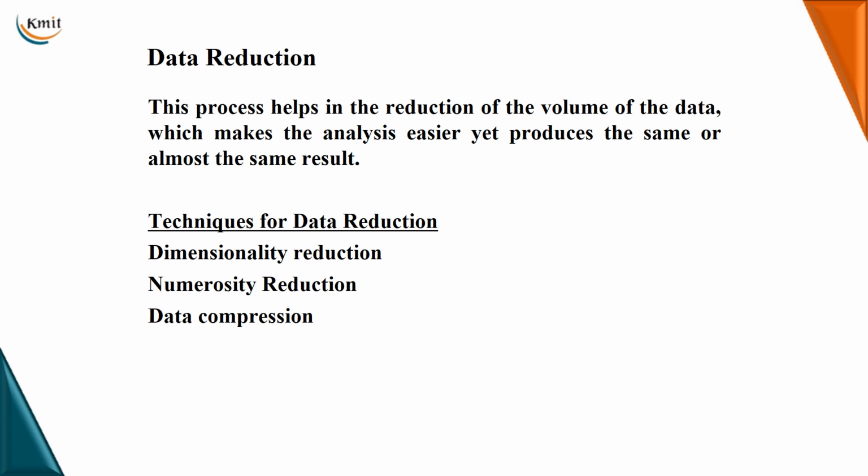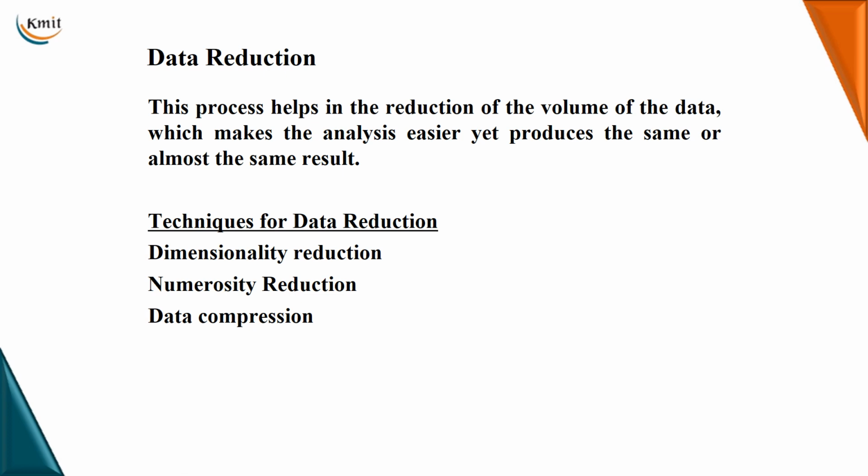Now, here you have three techniques for your data reduction. The first one is your dimensionality reduction. Now, what does this dimensionality reduction do? It will reduce the number of input variables in the data set, and the large variables will give us poor performance.